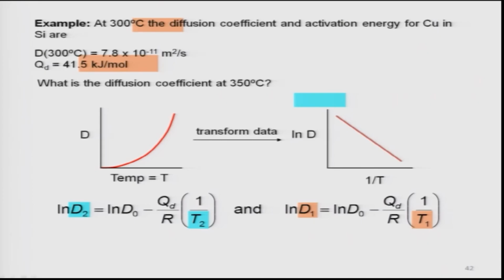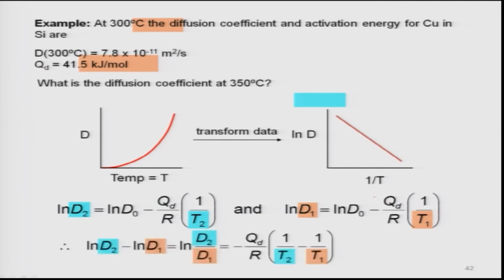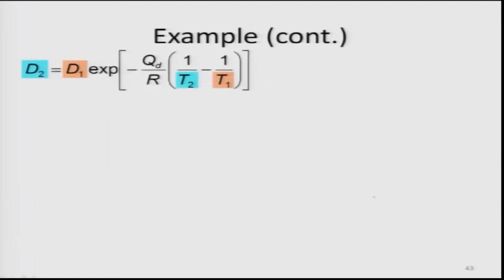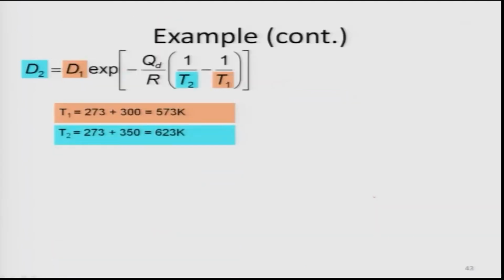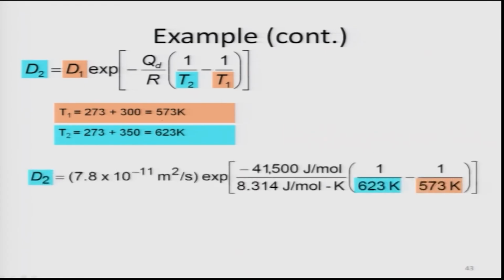So at T1 we know D1, so we can easily calculate D0, because QD is already given to us. As you clearly see, you can do the maths very easily. Temperatures must be converted, and D2 is basically 7.8 times 10 to the minus 11 multiplied by these terms. This is QD, this is R, and this is the temperature difference.